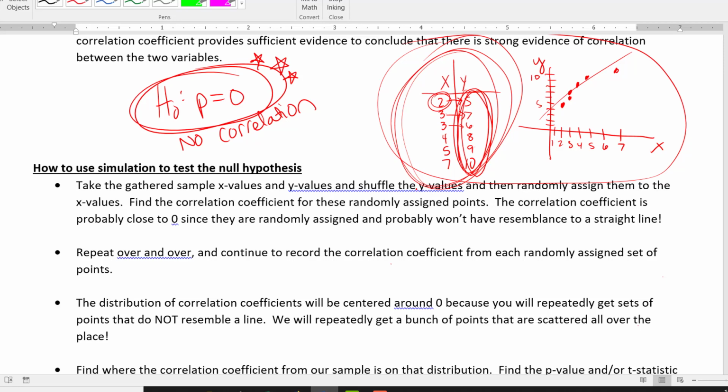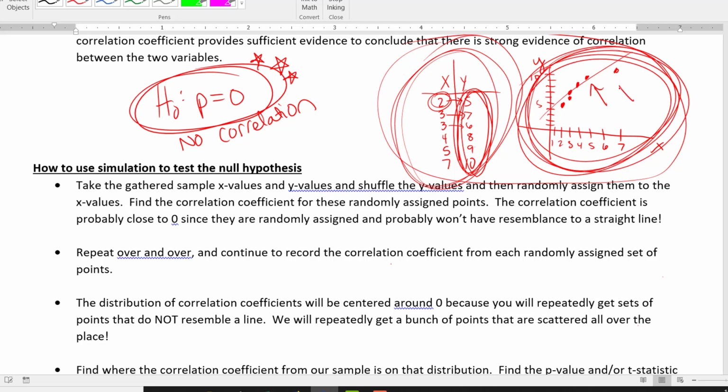Then we'll compare it to our reality of what we actually observed. This is actually what we observed. These x's being assigned to these y's, and the correlation coefficient we get there is probably like 0.9 or something. We're going to compare it to that and see how much evidence we have against this assumption of randomly assigned x's and y's.